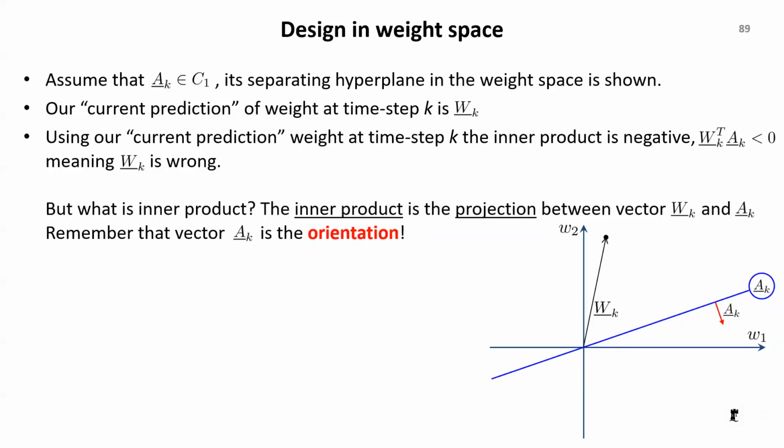Remember, when we do the inner product, it is basically the projection between the weight and the input. This is the projection, and it is the magnitude of the projection.